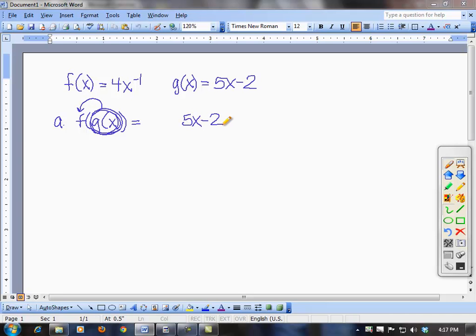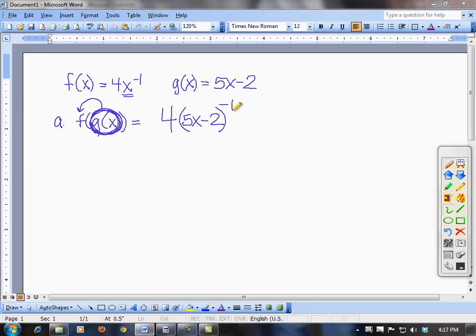And you'll notice I left some space on either side. And I want to put the f part around it. And what we did is we replaced the x with whatever our answer was from the first step. Well, we know our answer for g is 5x minus 2. So I'm going to put parentheses around that. Instead of the x, I'm going to leave the parentheses. So it's 4 times this to the negative 1.